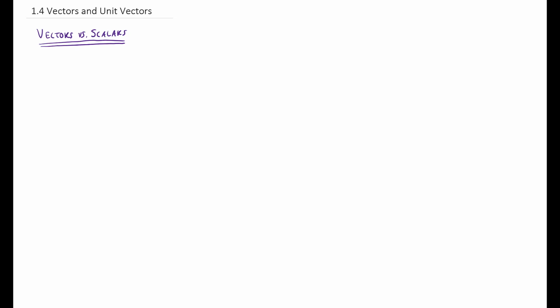So to quickly recap, vectors have both magnitude and direction, while scalars only have magnitude.